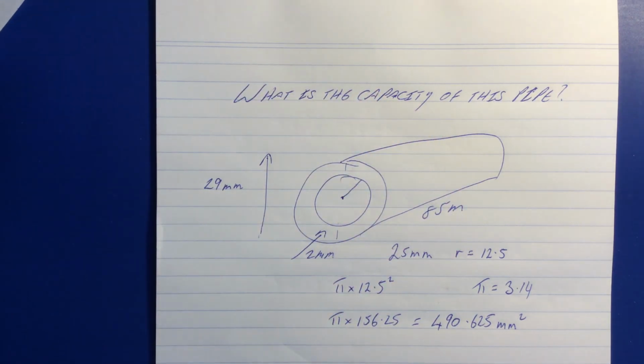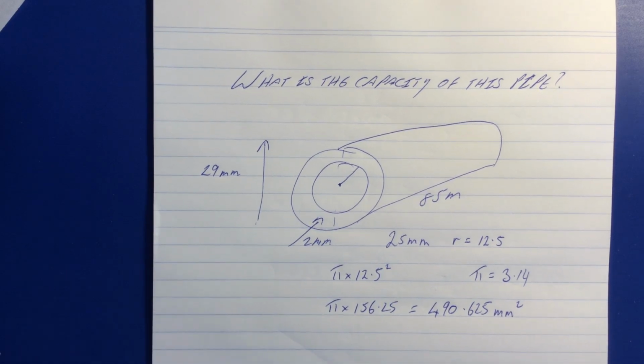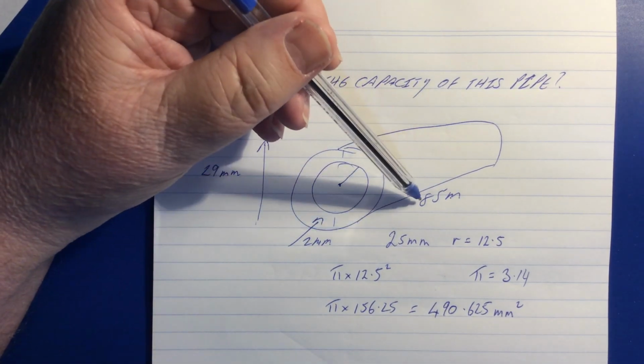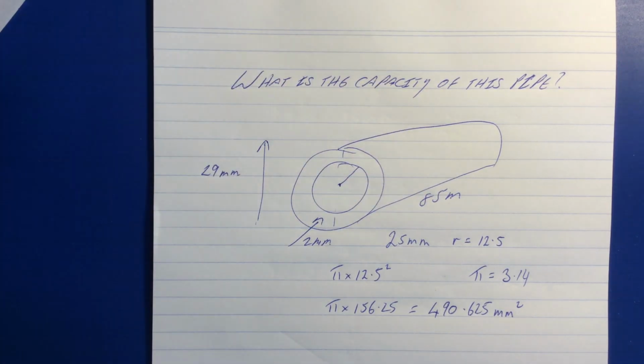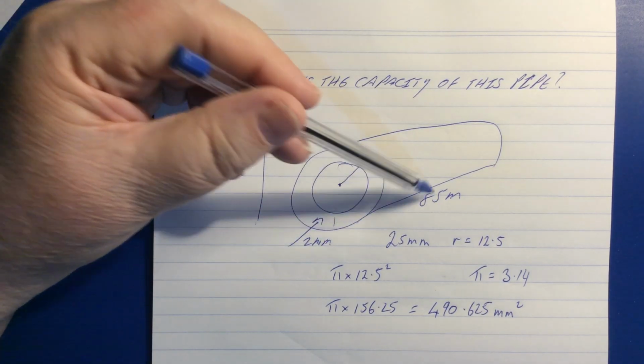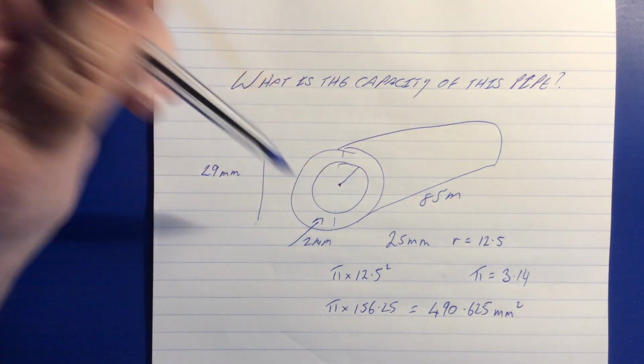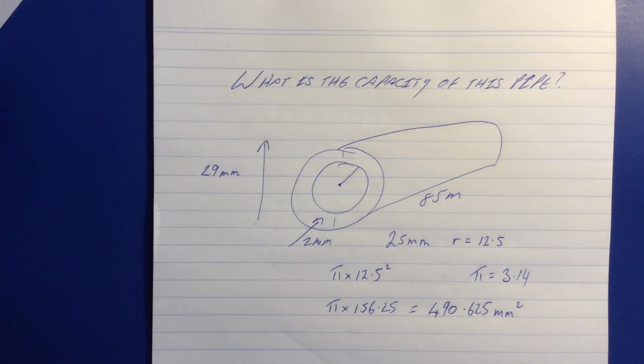Okay, so we're not out of the woods yet, because this is measured in meters, and it's going to be a considerable pain to match these two up in a meaningful way, as in, ideally you'd like to know what the capacity of this thing is in liters, because we're using metric measures.